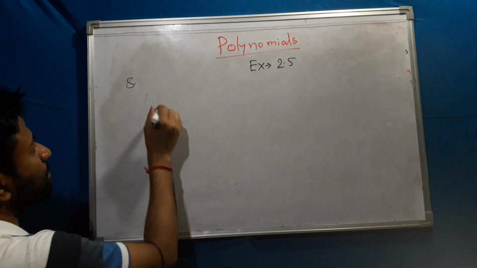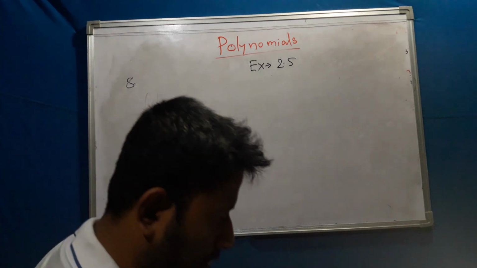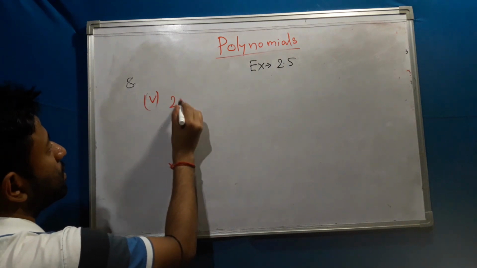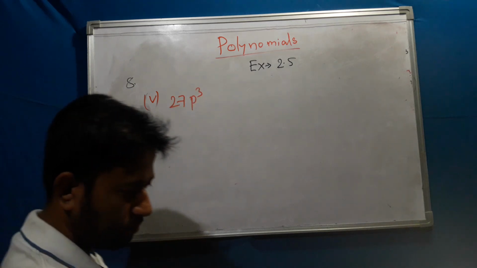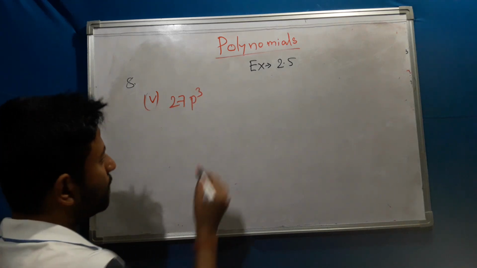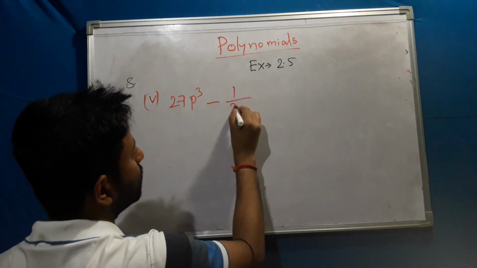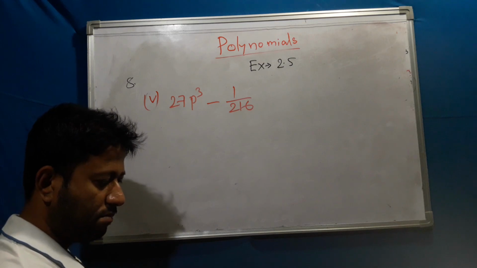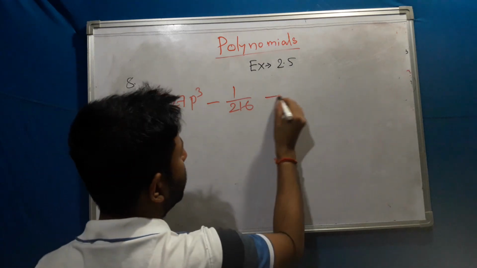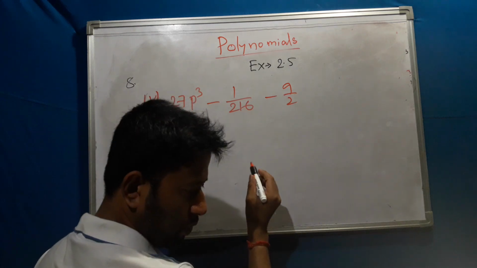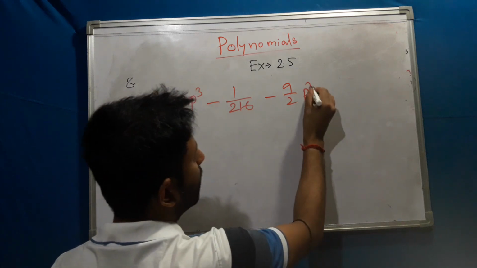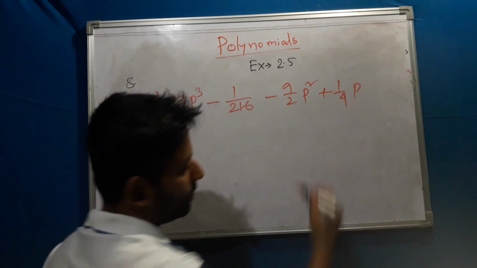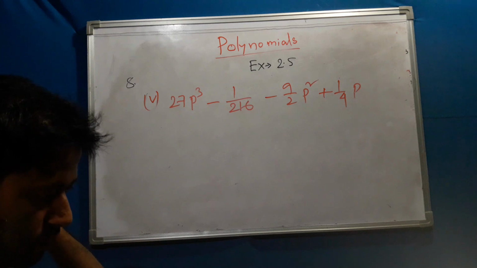Question number 5 is given: 27p cube minus 216 minus 9 by 2 into p square, and the next one is plus 1 by 4 p.